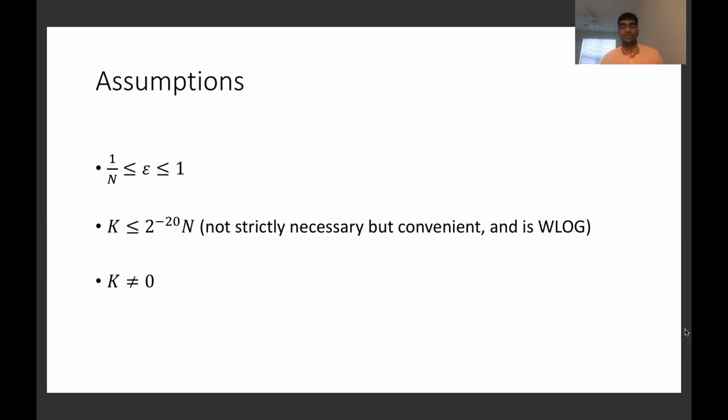And this won't affect our original problem at all. So that is one reason why theoretically this is fine. And also note that our algorithm doesn't strictly require this. It could work with something like k less than or equal to n over 8. But it's convenient to assume this because it allows us to cite another algorithm as a black box. Finally, we'll assume that k, the number of elements we're counting, is non-zero.